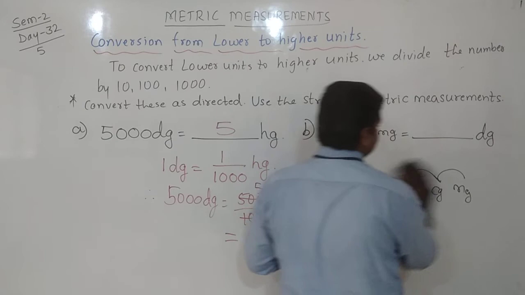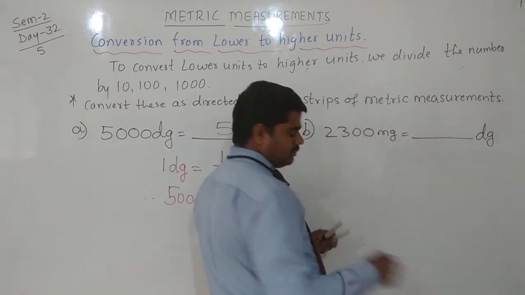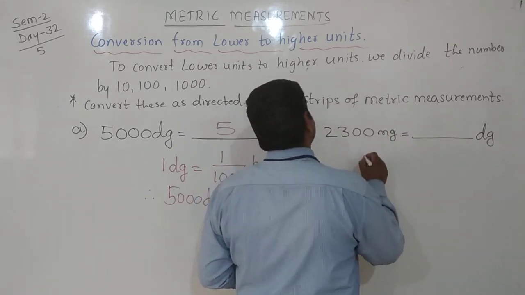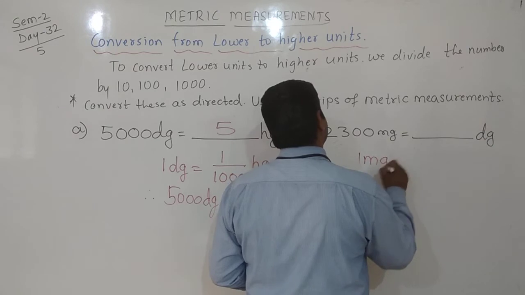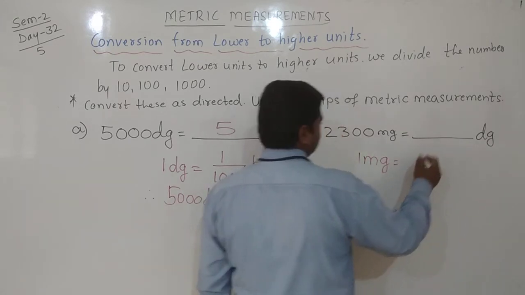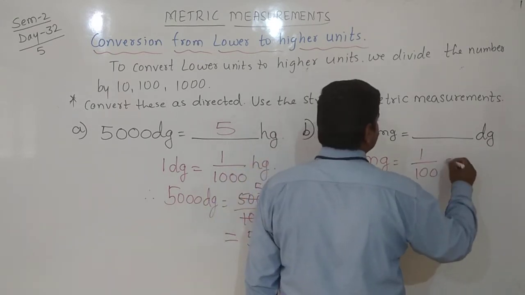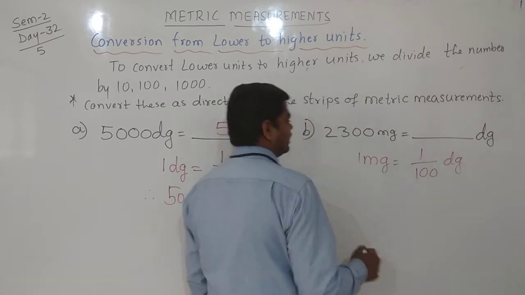Then write 1 mg is equals to 1 by 100 decigram.